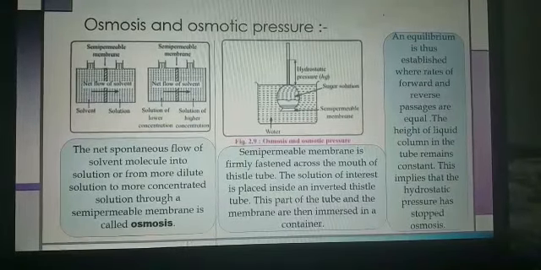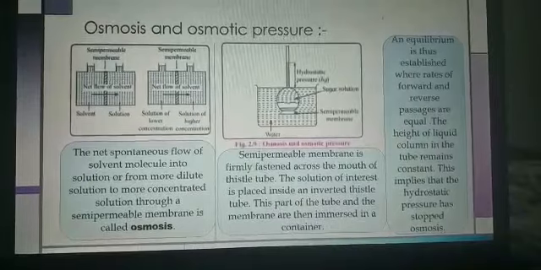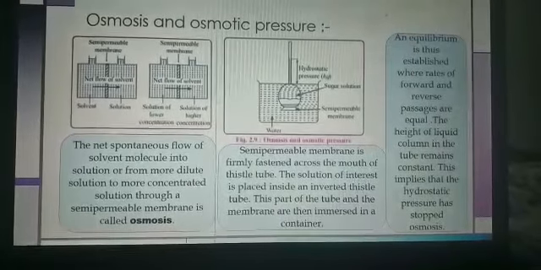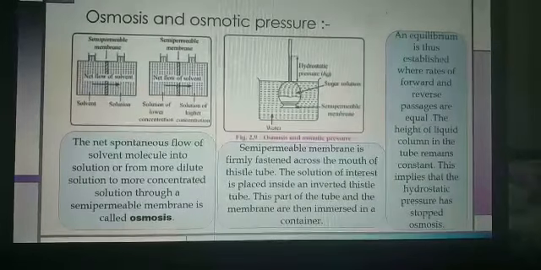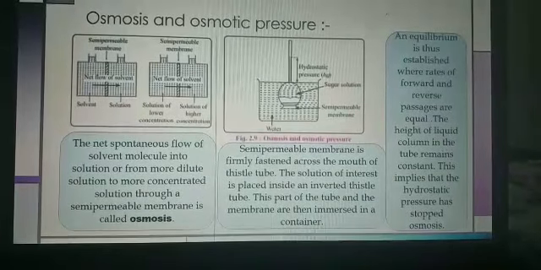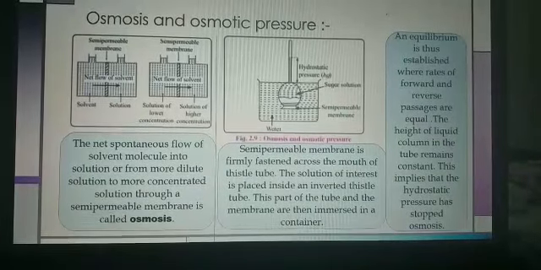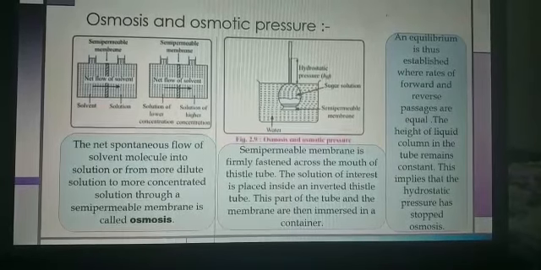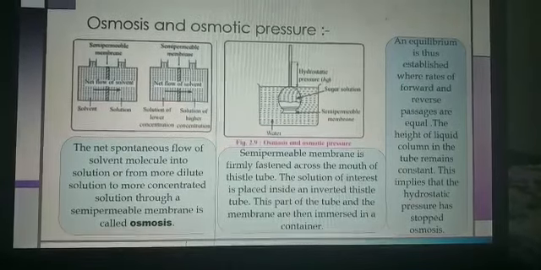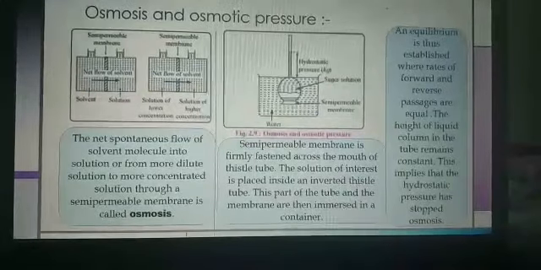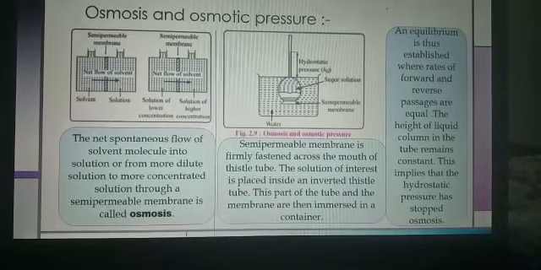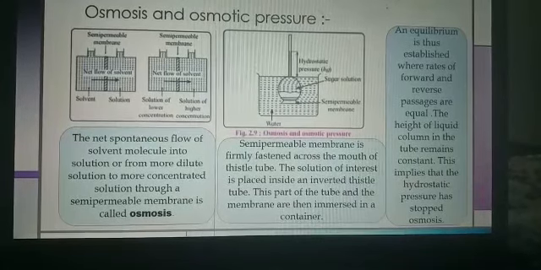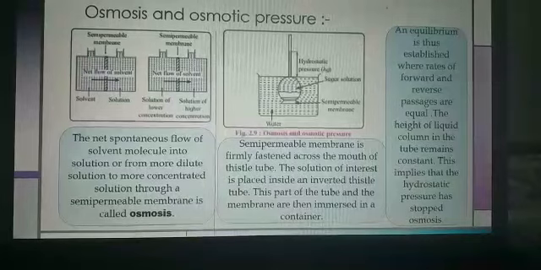Now on the other side it is showing one diagram, and that diagram indicates the osmotic pressure. Osmosis can be demonstrated by an experiment. The semi-permeable membrane is firmly fastened across the mouth of a thistle tube. The solution of interest is placed inside the inverted thistle tube. This part of the tube and the membrane are then immersed in a container of pure water.